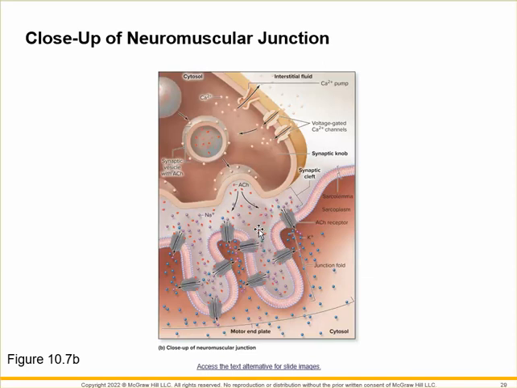And the reason there's a concentration gradient is because the sodium-potassium pump pumps sodium out. Any sodium that comes into the muscle cell gets pumped out using active transport. It comes in by facilitated diffusion.